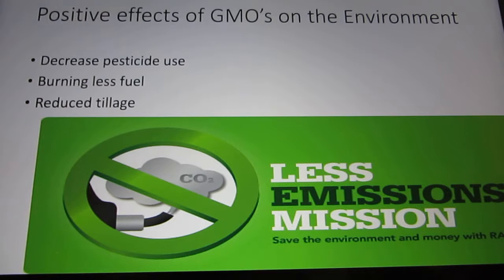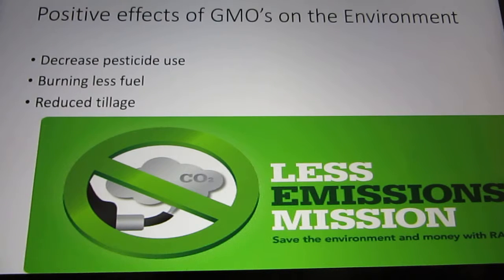Positive effects of GMOs on the environment. Using genetically modified herbicide seed protects the crop from weeds. They kill them off. Without this bred into the seed, it creates many different costs and environmental challenges. When it is bred in, it allows for less spraying to the land, which can be leached into the waterways and contaminating other surfaces, providing little to no tillage for the crop.